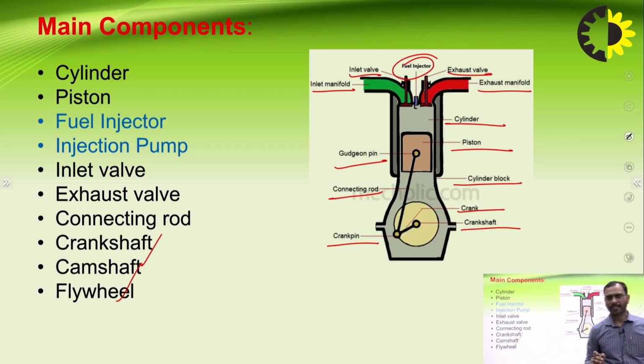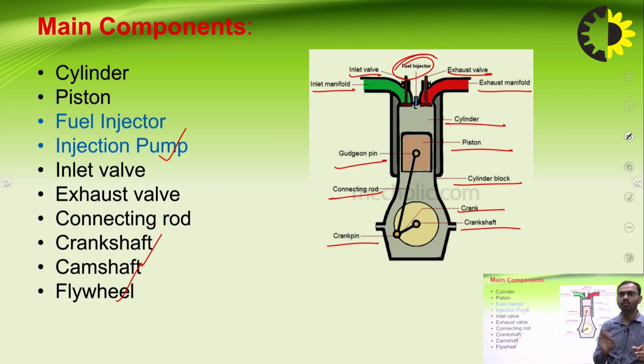If we see the main components of SI and CI engines, the only difference is that in an SI engine there is a spark plug and carburetor, whereas in this CI engine there is a fuel injector and fuel injection pump.